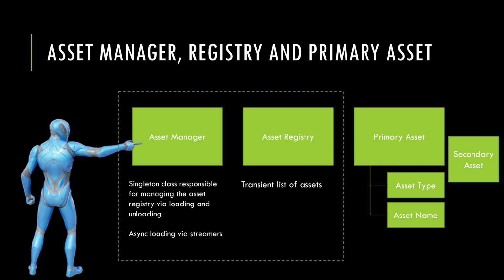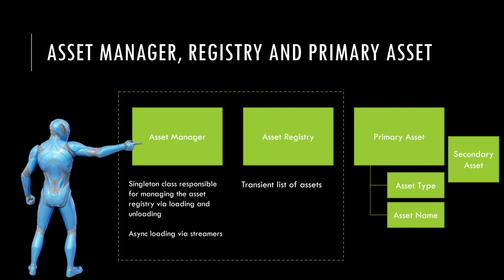The easiest example of that is, let's say you have a static mesh as a primary asset. That static mesh has a material and likely textures associated with it. Those are secondary assets. They will also be loaded into memory when you load the primary asset.